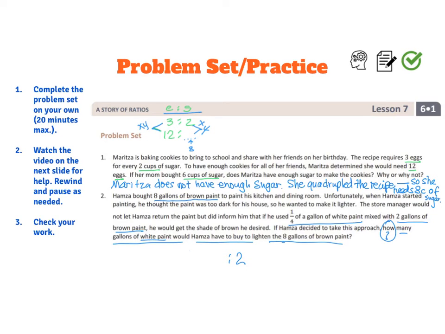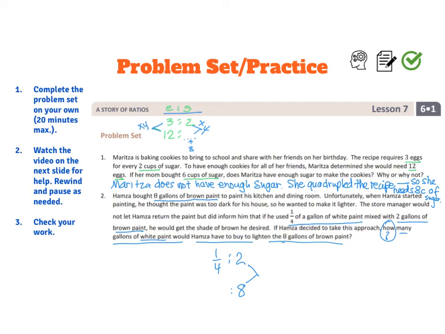So 1/4 to 2 is my ratio of the white paint to the brown paint. And they're saying he has a total of 8 gallons to lighten.